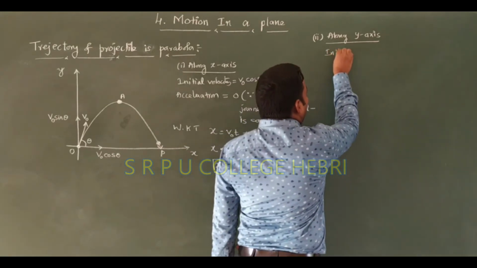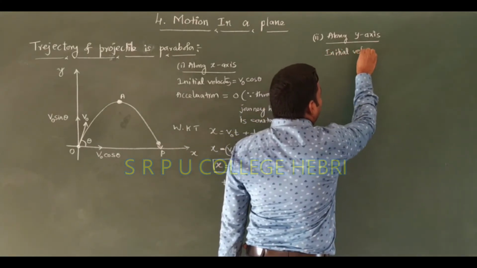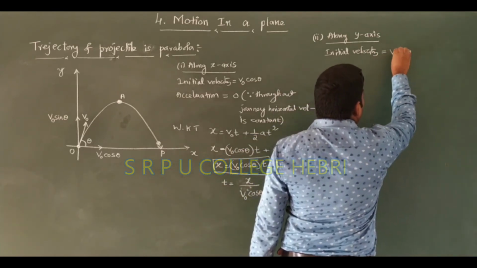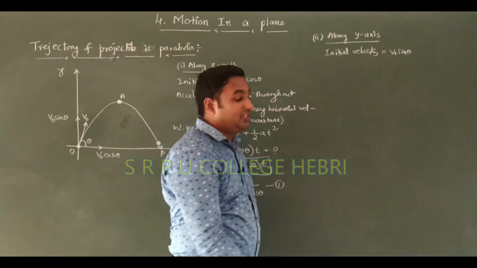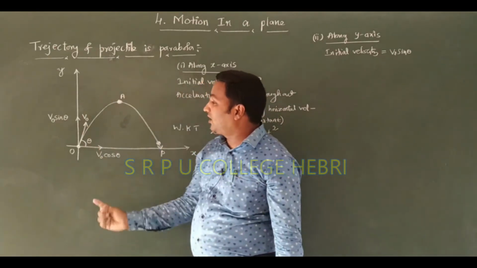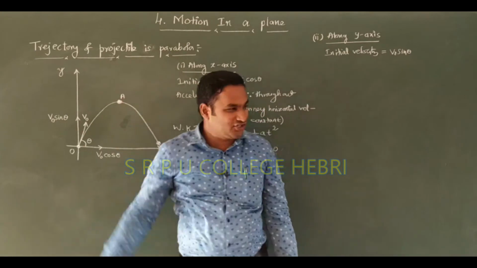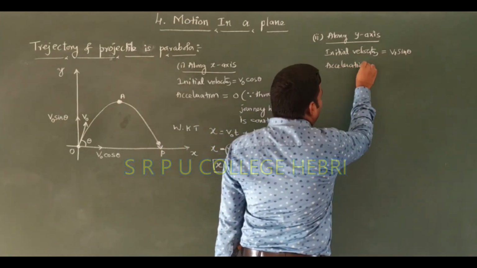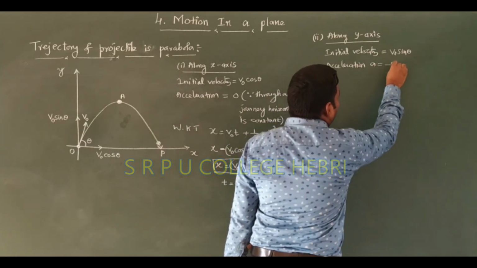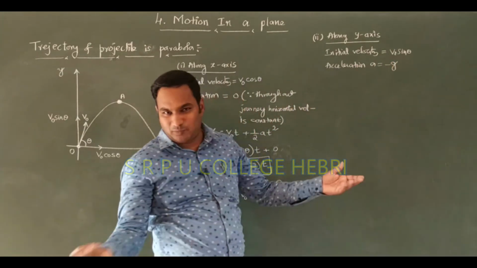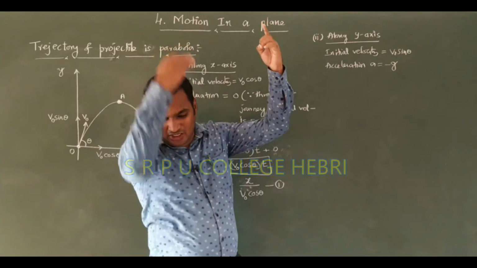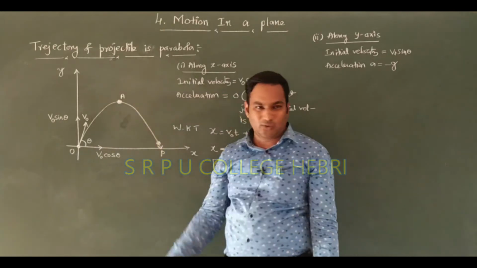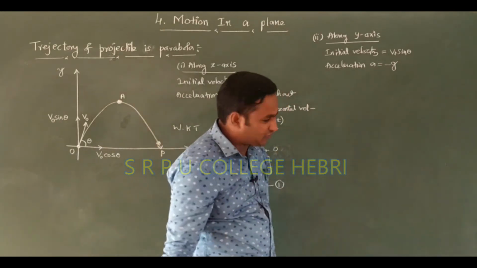Here, along the y-axis, the particle is moving in which direction? Upward direction. Automatically, acceleration a is equal to minus g, or you can take plus g also. Upward is minus g, downward is plus g. Both are possible here, upward as well as downward. You can take any one, minus or plus.